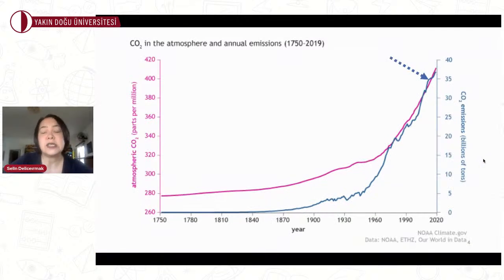Here we see a graph explaining how, from the 1750s till now, atmospheric carbon dioxide concentrations are changing, and how, here with the purple color, the carbon dioxide emissions are increasing. From this relationship, you may already guess that the main cause of the carbon dioxide increase in the atmosphere is carbon dioxide emissions.